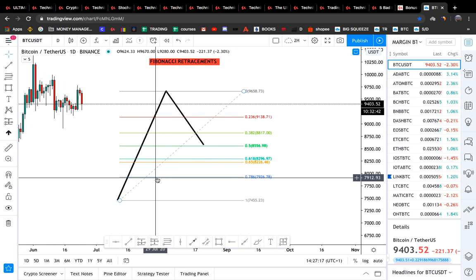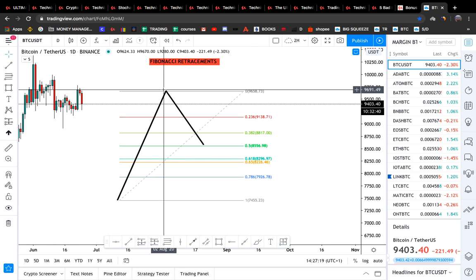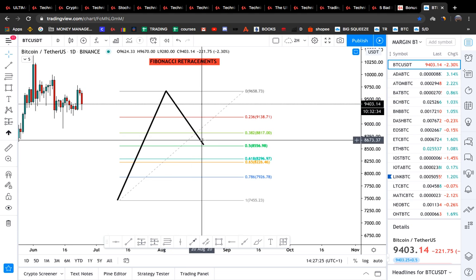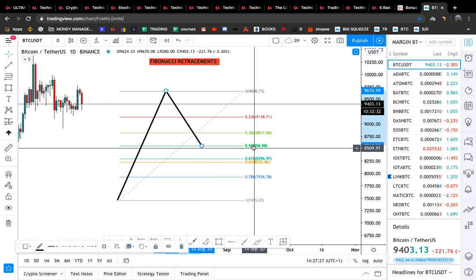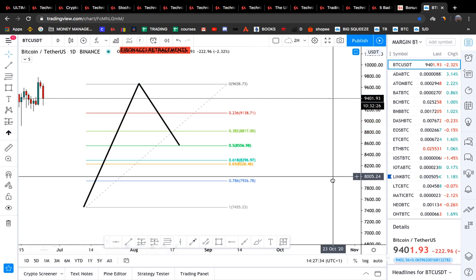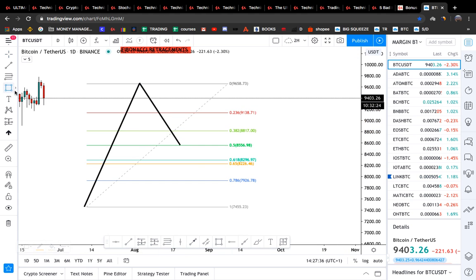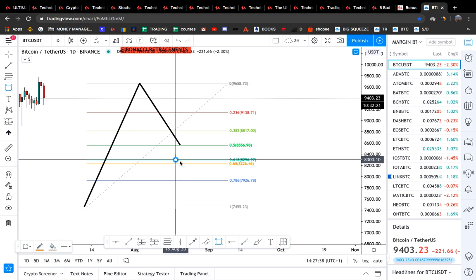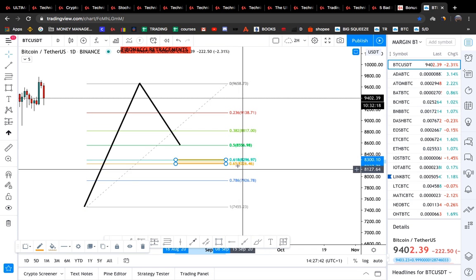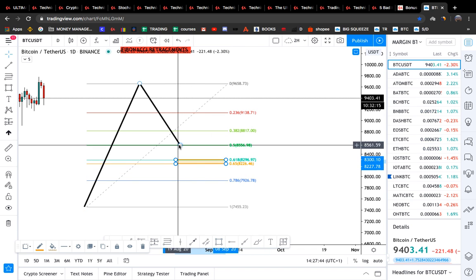So if you get a nice move up and then you did not buy and you are waiting for a retracement, when this retracement starts to happen, with the help of the Fibonacci retracement tool, you can look where exactly to buy, right? So the best spot is right here, the golden pocket that I told you, between 618 and 65. This is the best spot to buy if you are lucky enough.